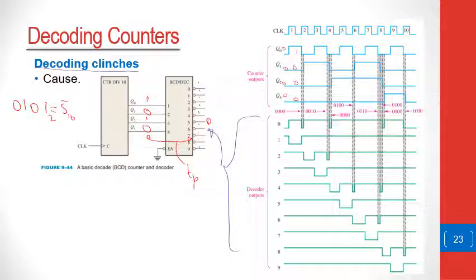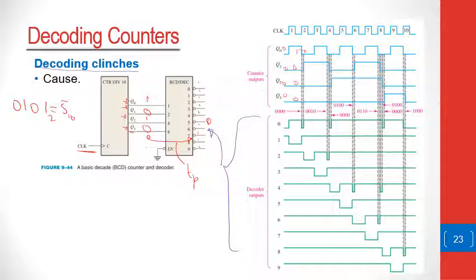Remember, the Q outputs here would not necessarily change immediately with the input clock. In fact, if it's an asynchronous counter, you will see that Q3 will be the last to change. Even if it's a synchronous counter, you'll see that there is a propagation delay between the clock and the output changing.